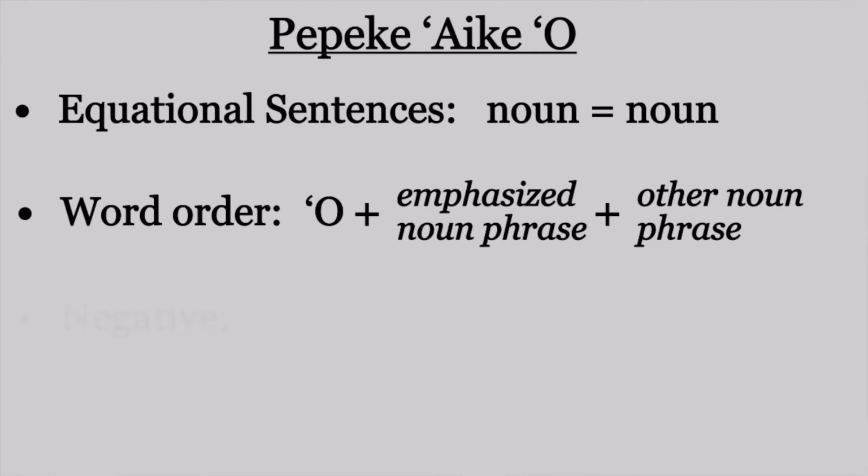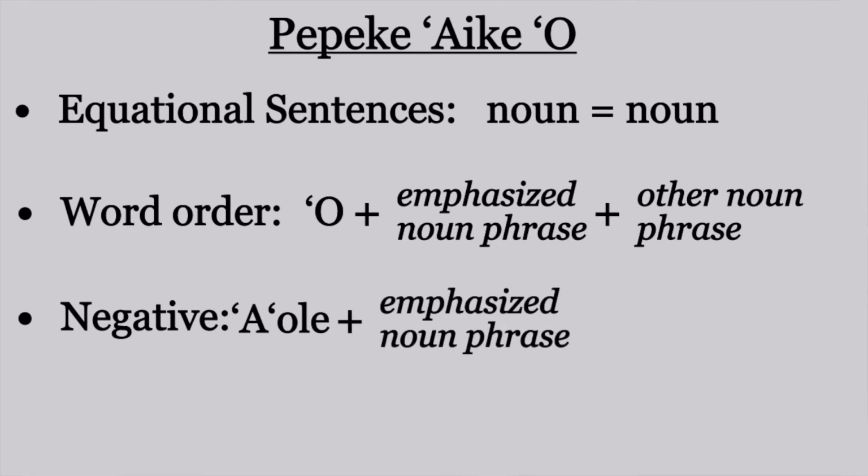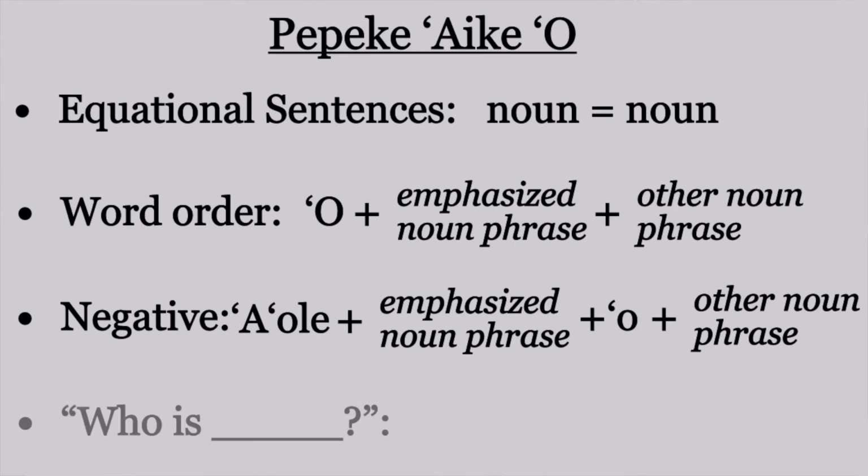To make it a negative, the word order is a'ole, your negating word, plus the noun or noun phrase you're emphasizing, then o, and finally your other noun or noun phrase. And to ask the question, who is blank, it is o, your interrogative word, wai, and then your noun or noun phrase.